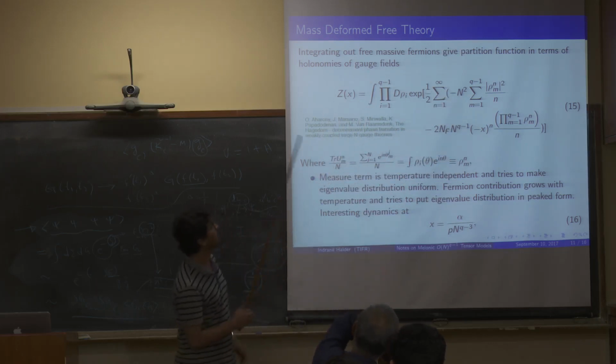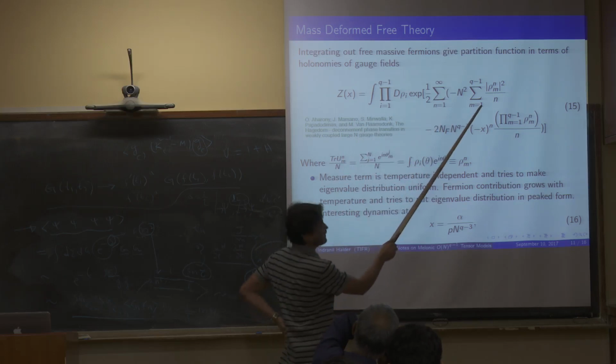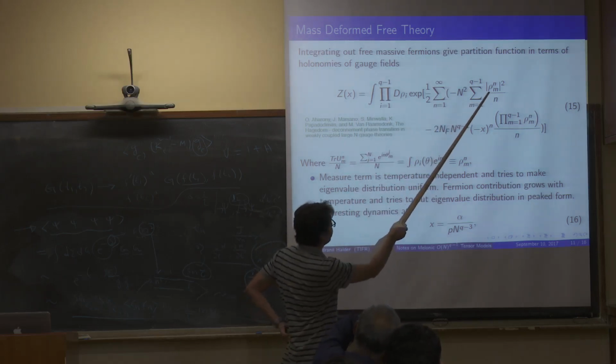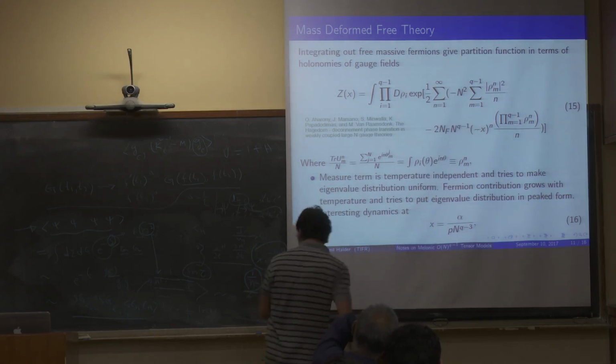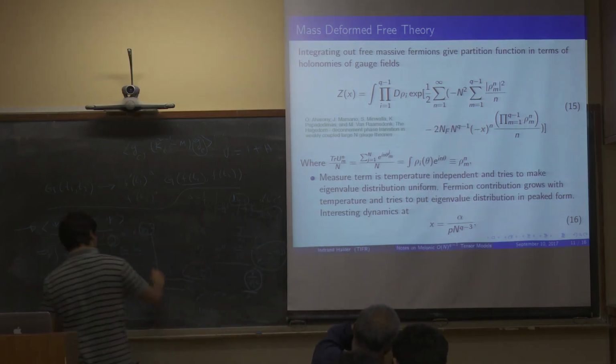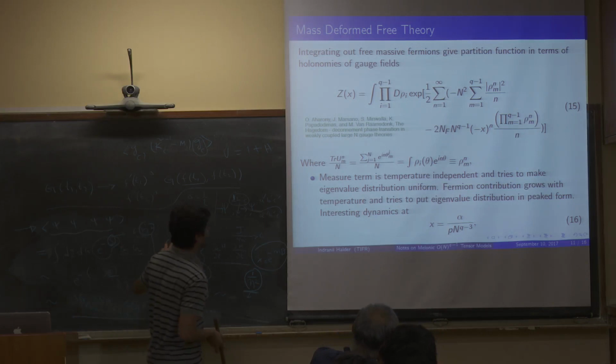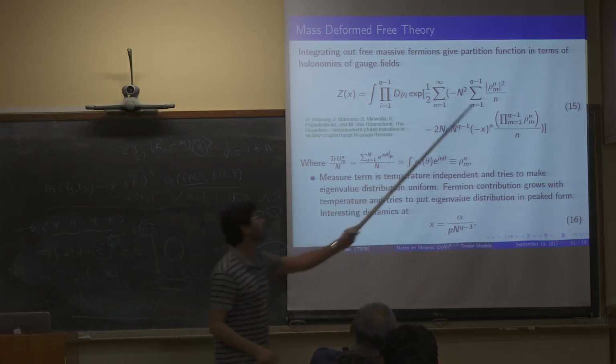Now the important part is this: if you have just this part in the action, what it tries to do is to make all of them 0, which means it tries to make the eigenvalue distribution uniform on the circle. We are working with O(N).